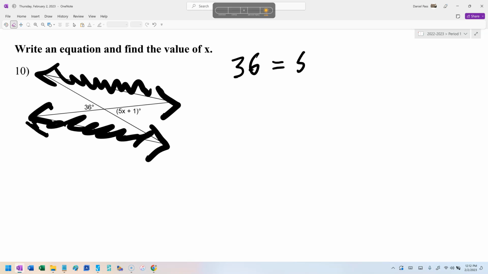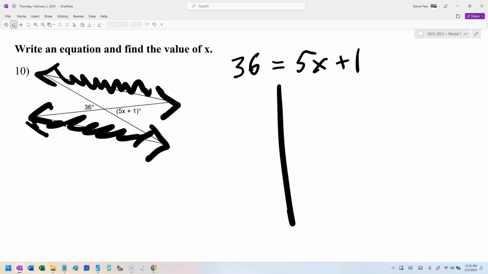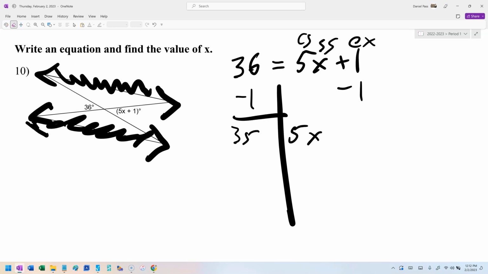And then you do your superstar, co-star, extra. The superstar is x, the co-star is 5, the extra is 1. And then you get rid of the extra first by doing minus 1 on both sides. And then you have 35 is equal to 5x. You divide by 5 on both sides. And then you get 7 equals x.